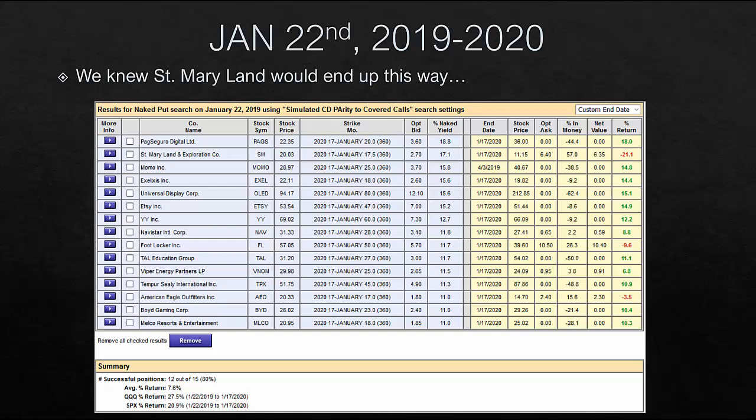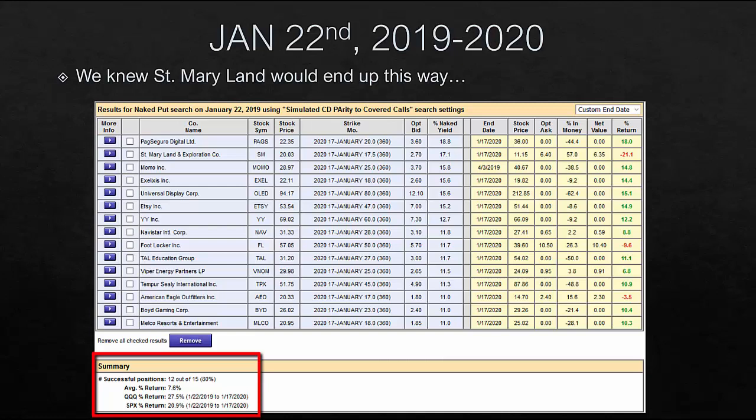See the trades here. Here are our results of the top 15. We knew that St. Mary Land and Exploration would be a loss, because it was for the simulated CD covered call as well. In addition to that, this might have had a return as we saw with our previous analysis, but I don't think it was half of the 17.1% yield we expect.